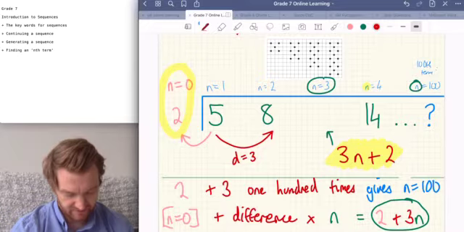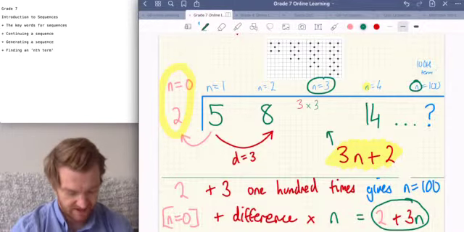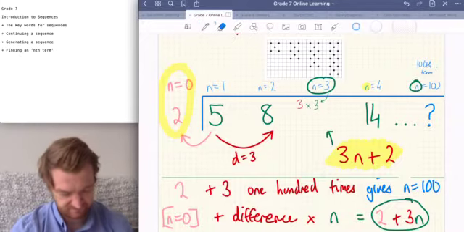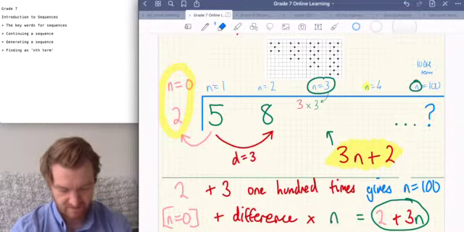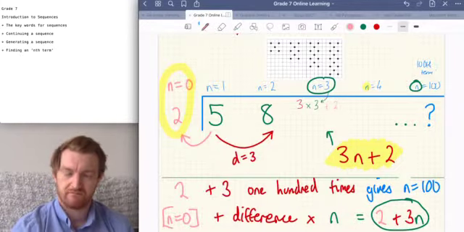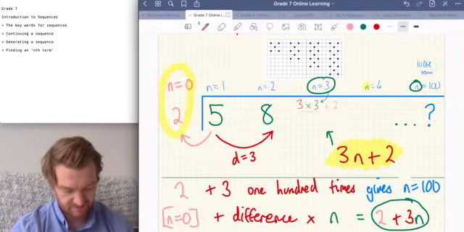So I'm going to add on 3 times. 3 for the n. I also need to start from 2. 3 times 3 is 9, plus 2 is 11, so that one worked.